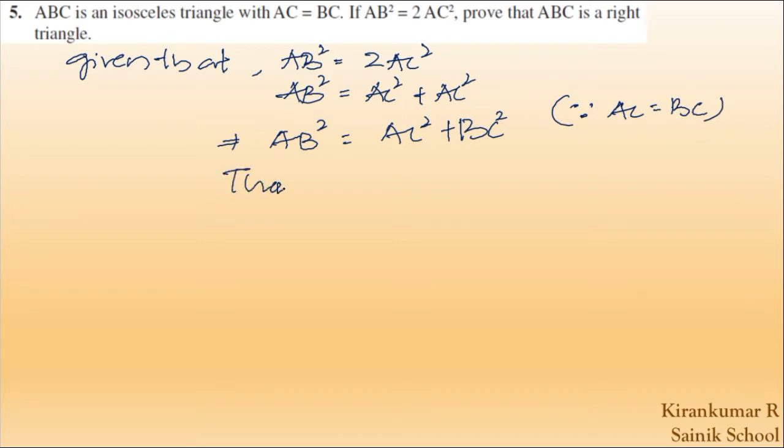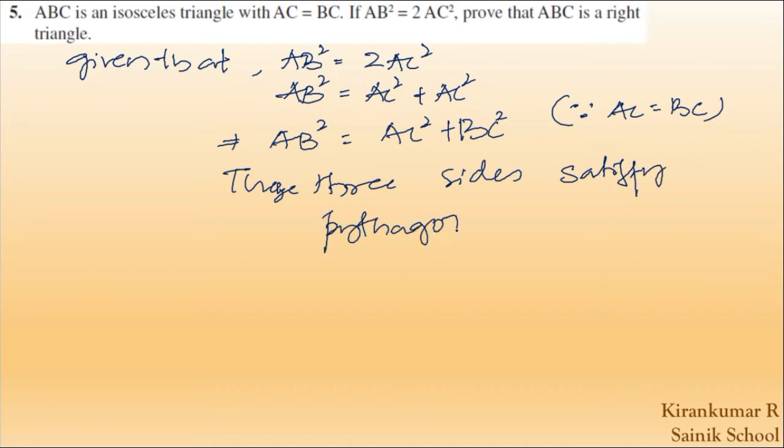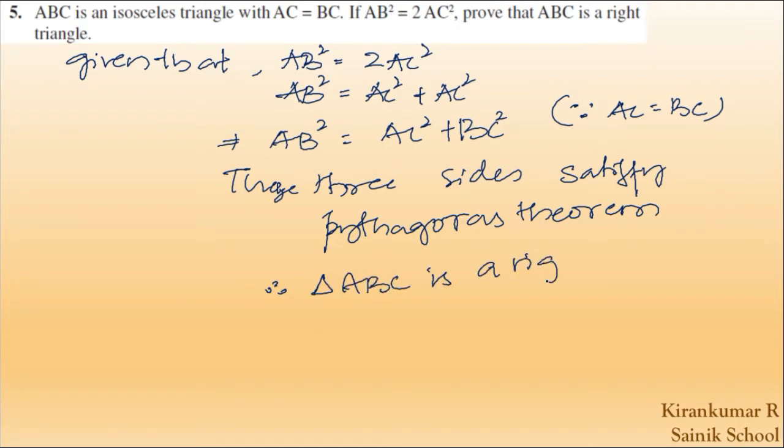These three sides satisfy Pythagoras theorem. Therefore, triangle ABC is a right triangle.